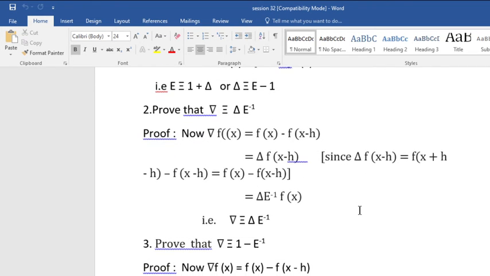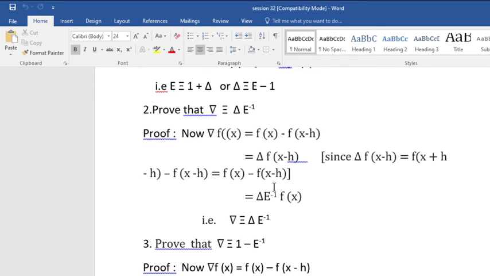The second relation is, prove that backward difference is equivalent to forward difference into E raised to minus 1. So now consider backward difference operated on the function f of x, that we can write as f of x minus f of (x minus h), and this itself we can write as forward difference of f of (x minus h).